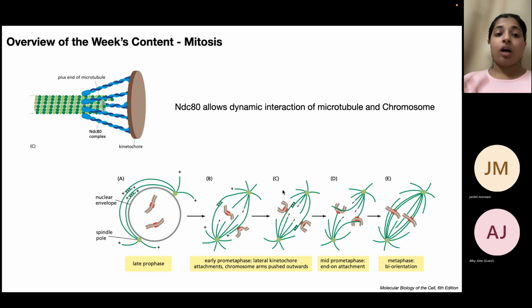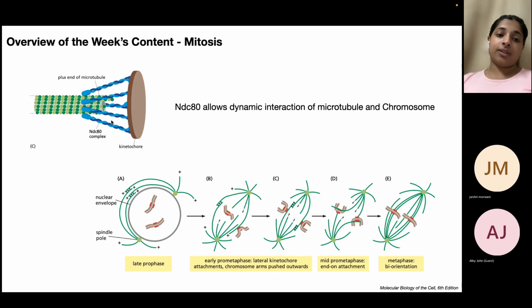So how this chromosome attaches to the microtubule is, I mentioned that there's something known as the kinetochore, in which one of the important proteins is this NDC80 complex. This NDC80 complex on one end associates with the centromeric region of the chromosome, and on the other end is capable of interacting with the growing end of the microtubule.